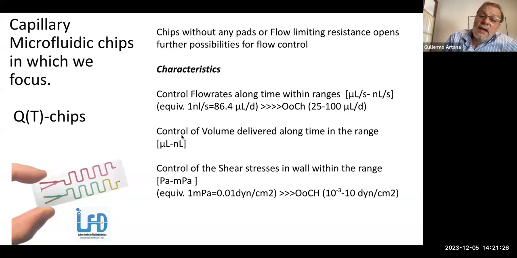You can also have control of the volume delivered over time in the range of microliters to nanoliters, and also shear stress control, so you can be sure of the stresses the sample is being subjected to, in the range of Pascal to millipascal.